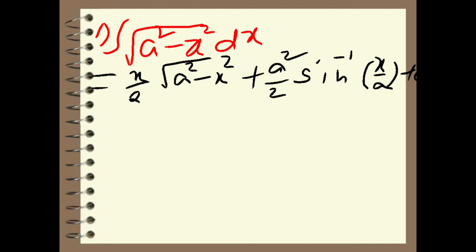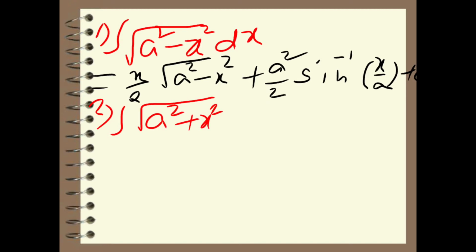So there are two other formulae. First I write all the three formulae and we observe the differences of the three. Now I am writing the second formula. Second one, integral root a square plus x square into dx.